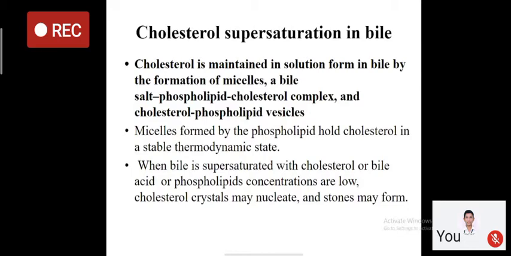This micelle holds the cholesterol in a stable thermodynamic state, and for that, phospholipid is required. When bile is supersaturated with cholesterol, or bile acid or phospholipid concentrations are low, cholesterol crystals may nucleate and stones may form. So the first prerequisite to form a gallstone is cholesterol supersaturation.